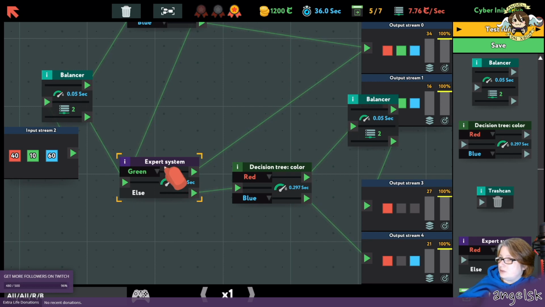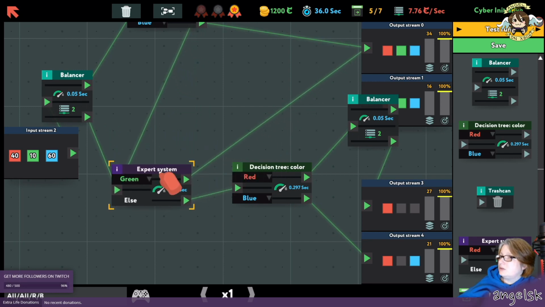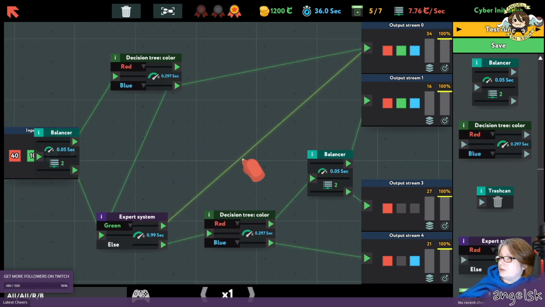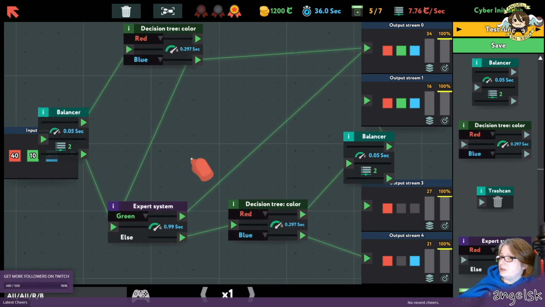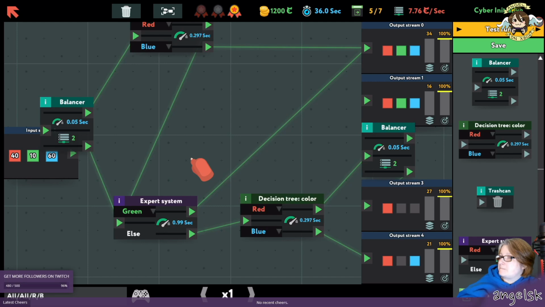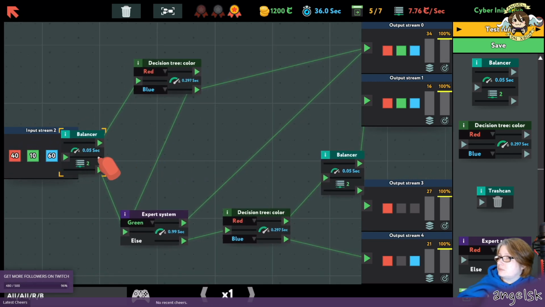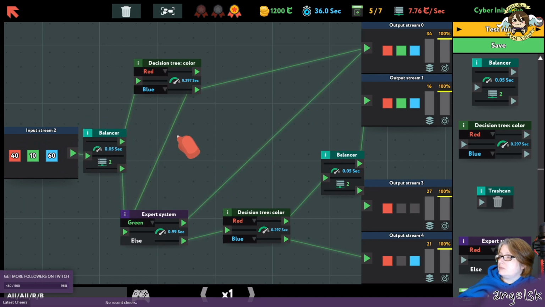So, right, we said that maybe the green didn't need to go up there. Maybe we want a decision tree where we send green.